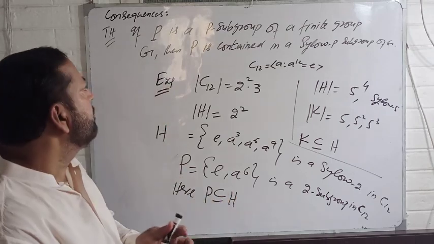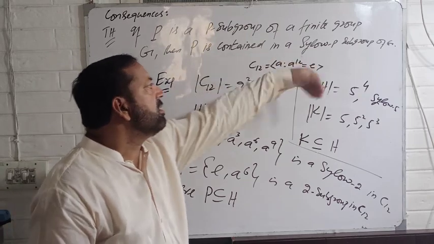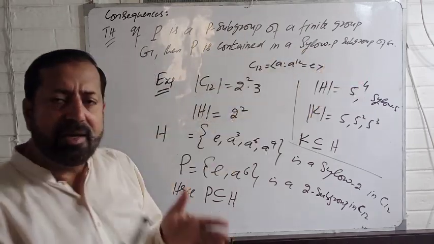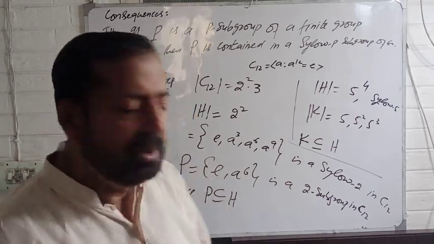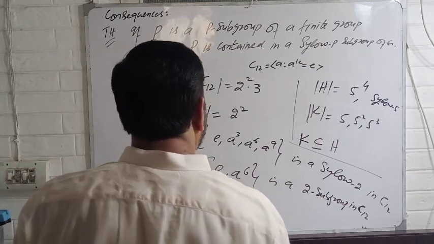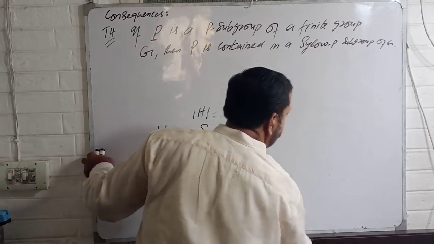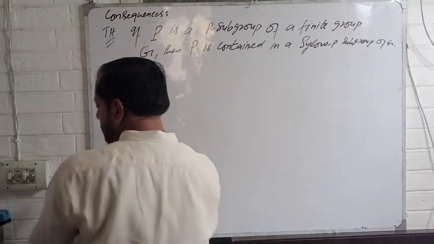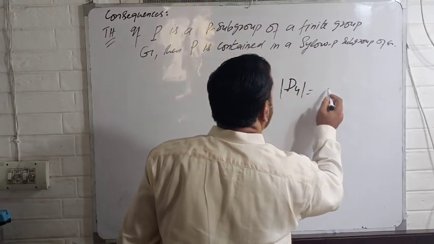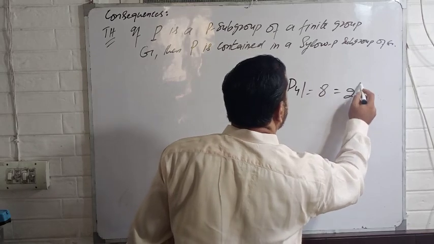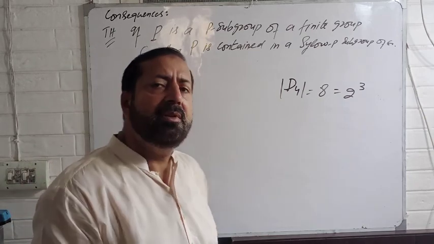Now look at this statement. If P is a p-subgroup of a finite group G, then P is contained in a Sylow-p subgroup of G. It means that every p-subgroup is contained in a Sylow-p subgroup, right? Now we need to prove this. Similarly, if you take D4, whose order is 8, which is 2 cube, then D4 is itself a Sylow-p subgroup because 2 cube is the highest power.